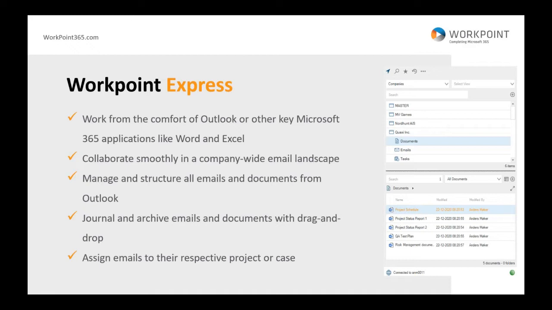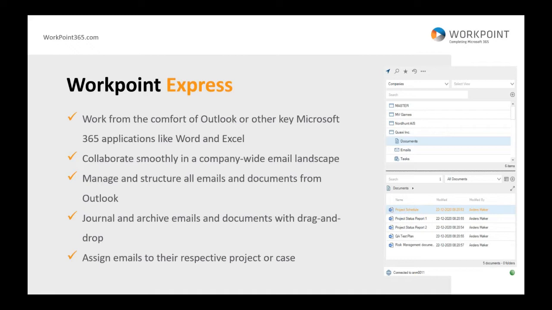Another thing that is very key for us is to make sure that users are only prompted for the information that WorkPoint as a solution cannot set on its own. It could be that your organization has decided to have a mandatory privacy classification on documents or an annotation on whether a document contains personal information.